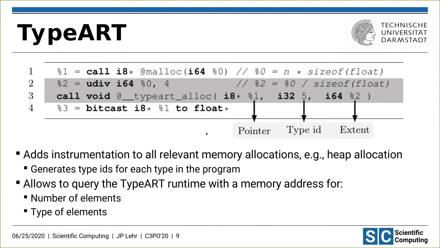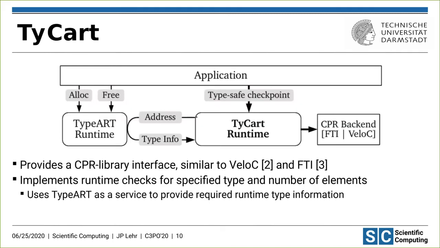How we use that in TyCart now, the type-safe checkpoint restart extension that we provided, is that we insert the instrumentation here using just the regular TypeART transformation and analysis passes. And then our runtime implements functions that intercept, or wrap, the calls to the checkpoint restart libraries.